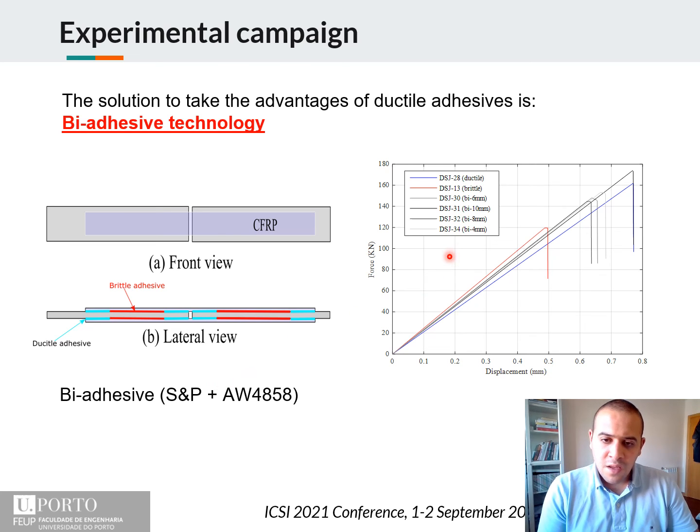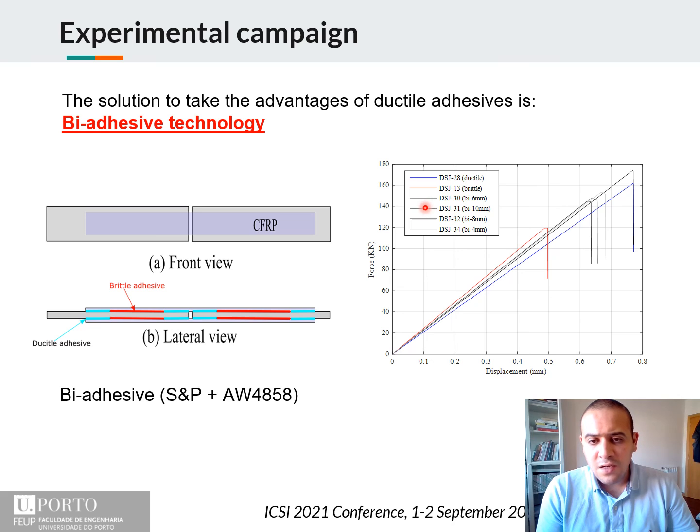And here in this figure, where I'm showing you the results, you can see here, this is the brittle adhesive in red, and in blue it's the ductile adhesive. In gray there are different specimen configurations that depend on the length of the ductile adhesive.